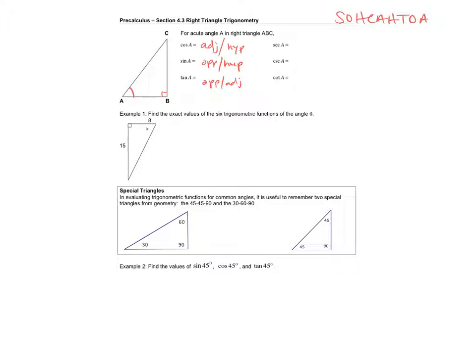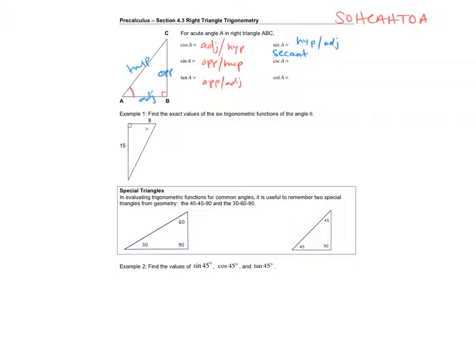In this diagram, in case you forgot, this is the hypotenuse, this side is opposite A, and this side is adjacent. Now, we also have some other terms that you may not have seen before. SEC is the secant of angle A, and it is 1 over the cosine. So it is the inverse of that, so that is going to be the hypotenuse over the adjacent side.